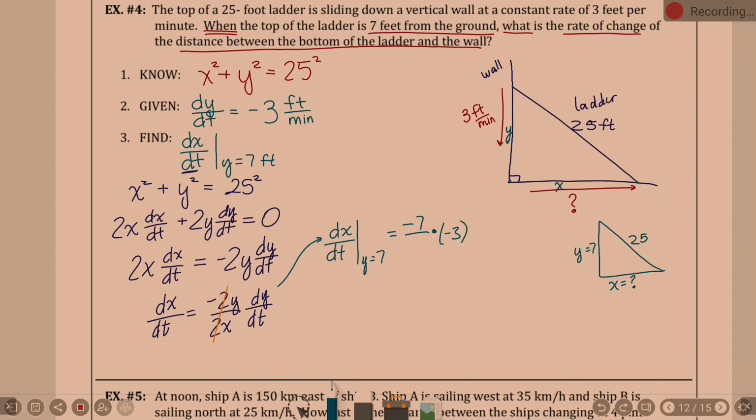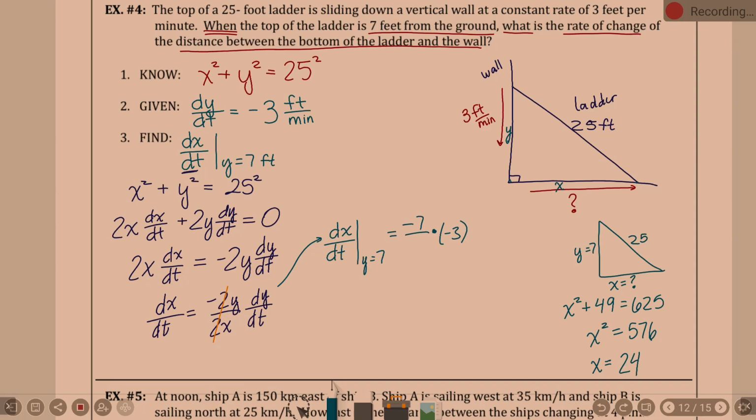So x squared plus 49 equals 625, because I know that 25 squared is 625. 625 minus 49 is 576, and that leads x to be 24. Again, it's because I know some of those bigger squares.